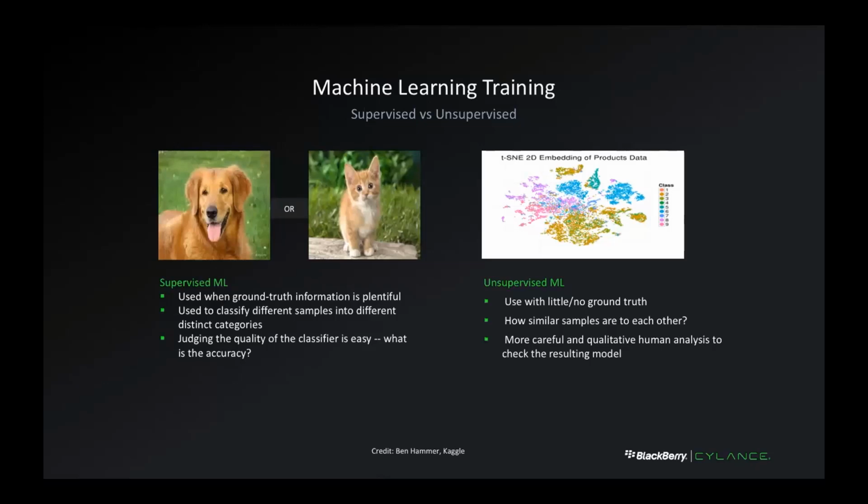And the downside to an unsupervised machine learning approach is it takes qualitative human analysis. It takes human correction to understand whether or not the model is built and responding appropriately for what you want it to do.